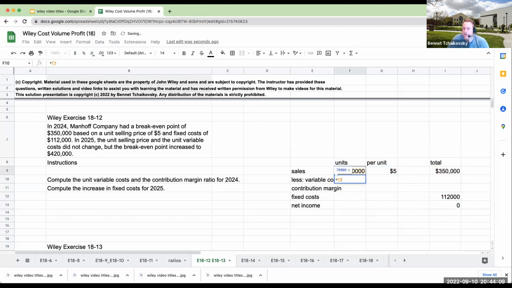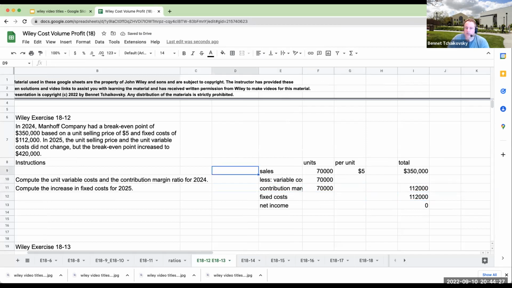So that means we would have variable costs for 70,000 units, and a contribution margin for 70,000 units. In order to have a break-even of 0, we would need a contribution margin of 112,000. Why is that? Our sales minus our variable costs gives us our contribution margin, and then minus our fixed cost, if we're hitting break-even, is going to be 0.